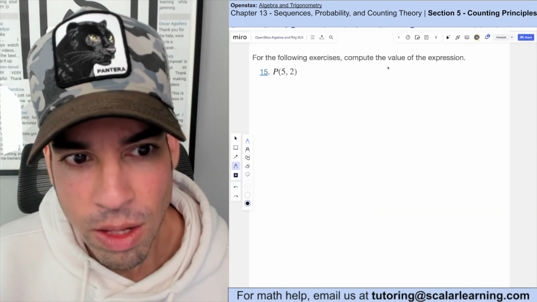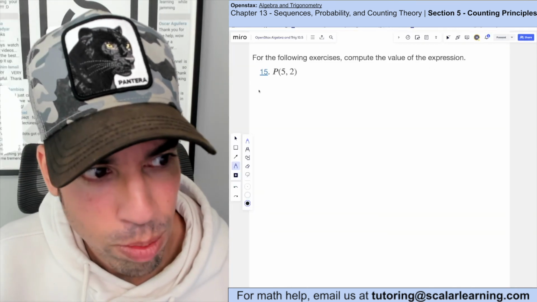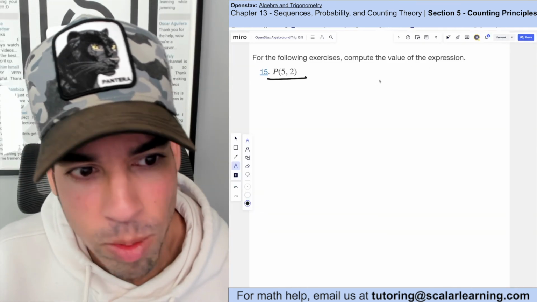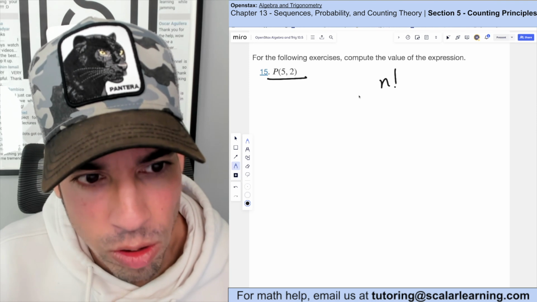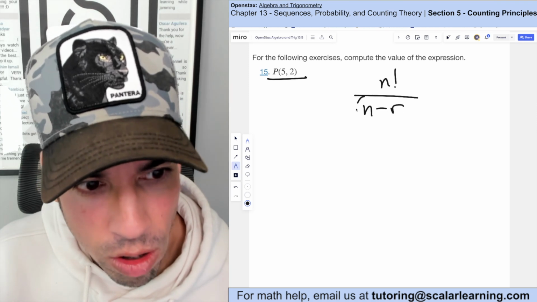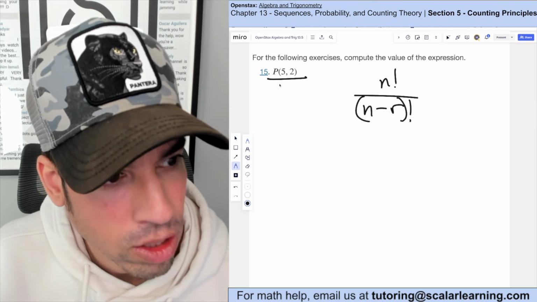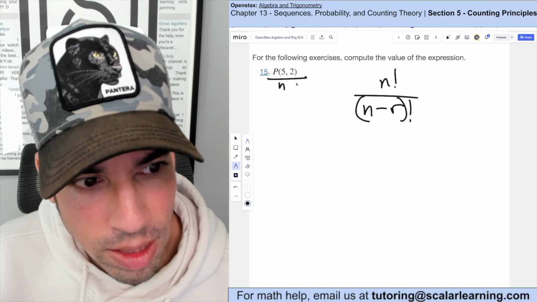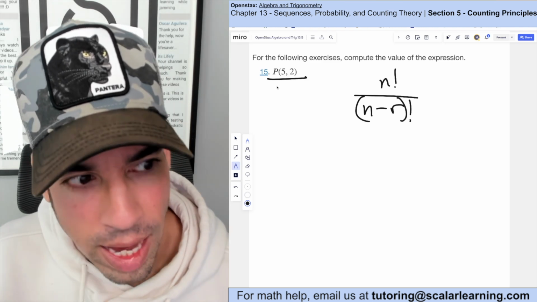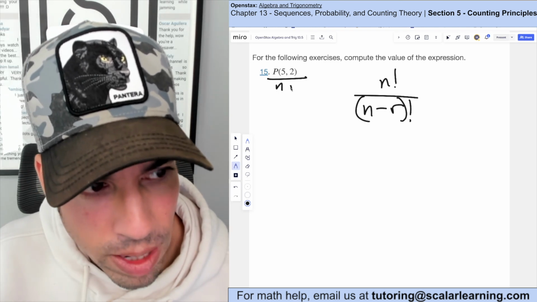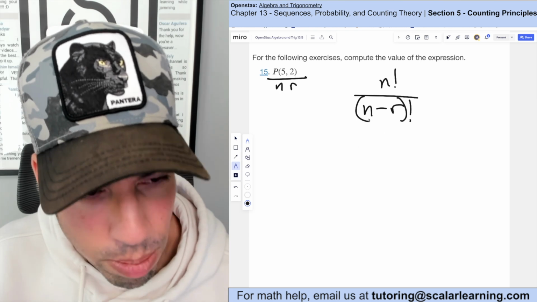Done. For the following exercises, compute the value of the expression. This is a permutation, and the formula for a permutation is n factorial over n minus r factorial. Your n value is the first value, the 5, and the r value is the second value, which is 2. Now we're going to plug and chug.